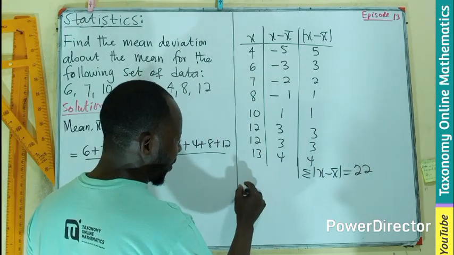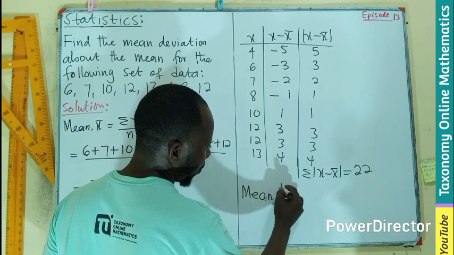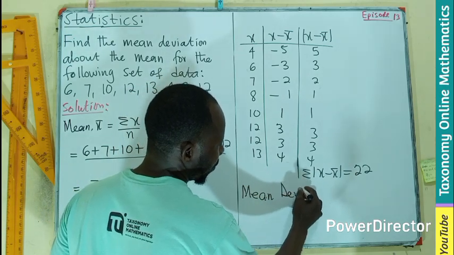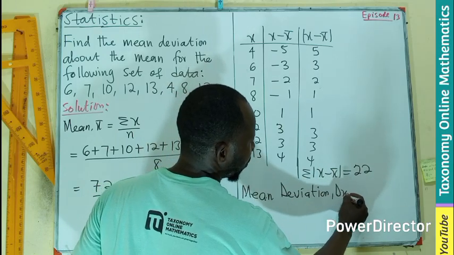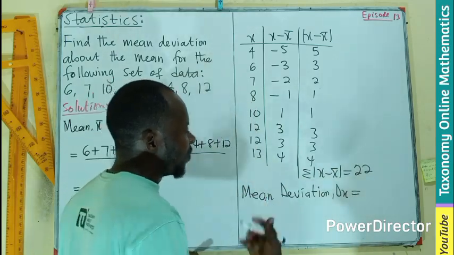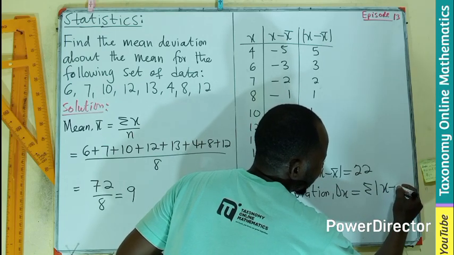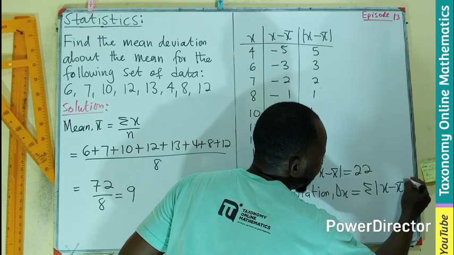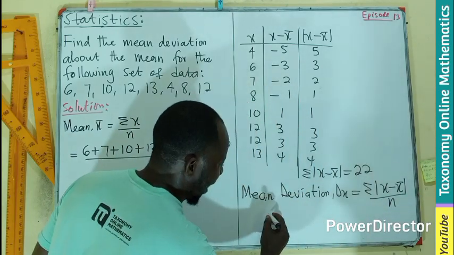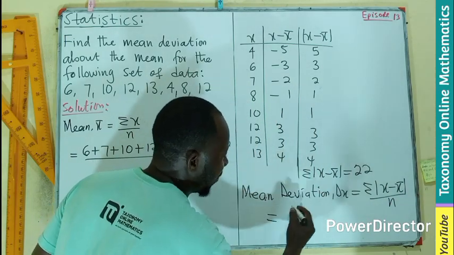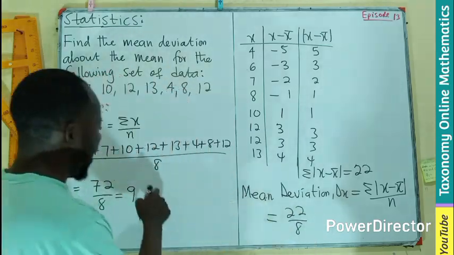So our mean deviation is given by the formula, the sigma of the absolute value of x minus the mean, divided by n. And that is giving us 22 divided by 8.